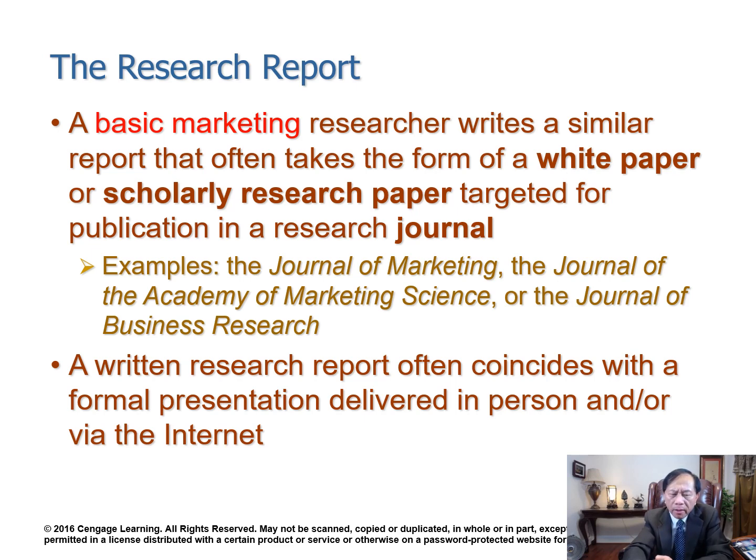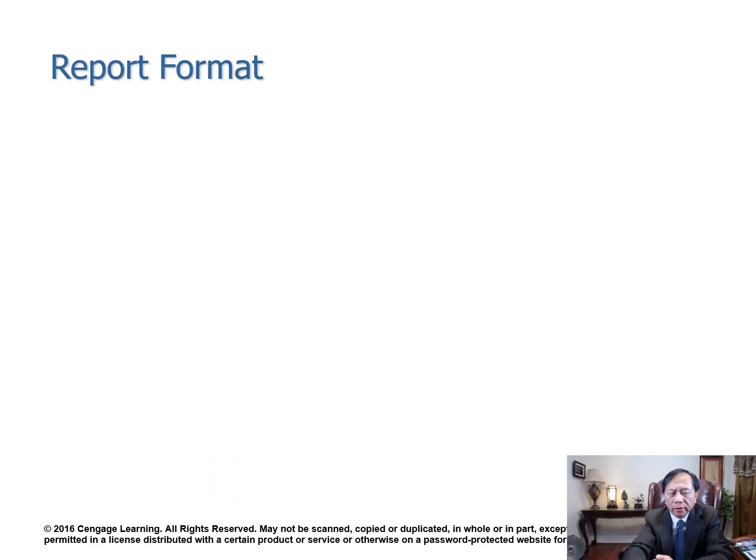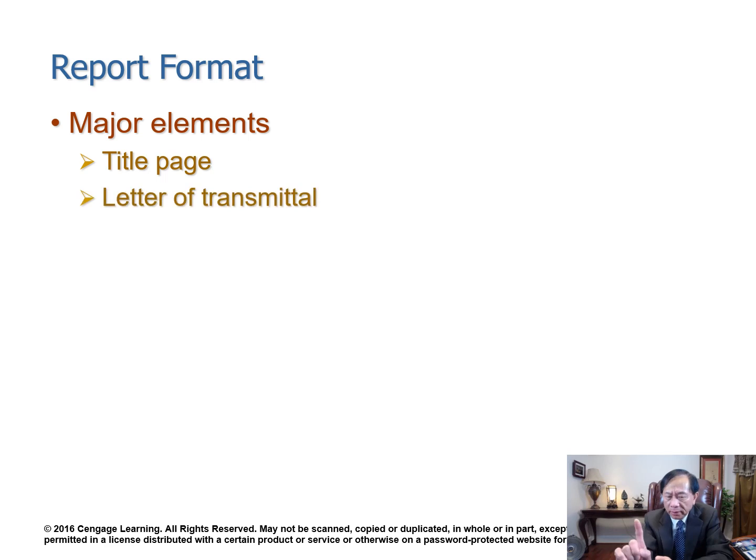A written research report often coincides with a formal presentation delivered in person or via the internet. Of course, for your class project, this is an online class, so you need to do that via the internet, or on Blackboard. The format of a research report has some major elements you have to have.